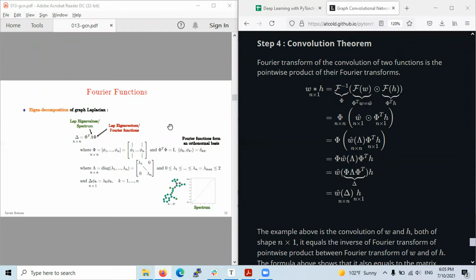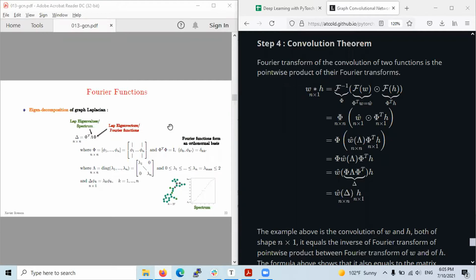We were doing a graph Laplacian. Basically, it is like a Fourier transform, and that Laplacian was being factorized using an eigenvalue decomposition into a set of matrices.